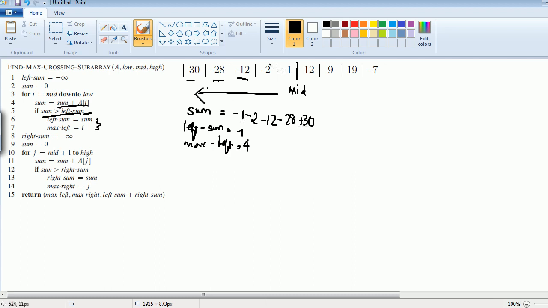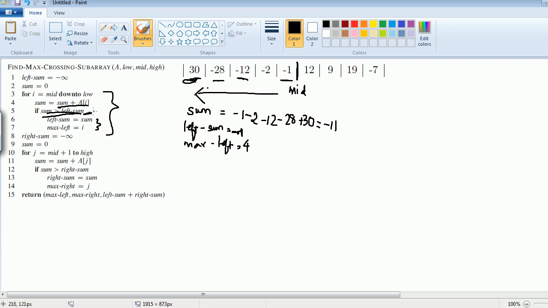So even after the loop reaches 30, the total sum value is equal to -11, and is -11 greater than left sum? No, because left sum is -1. So this loop for this example will run the if block only one time, for -1.